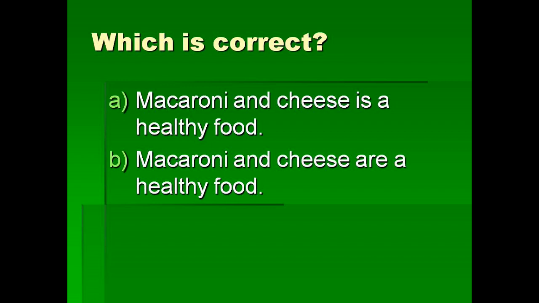There's a character there called Nora who eats macaroons against the instructions of her husband. So our example is macaroni and cheese is a healthy food. Macaroni and cheese are a healthy food. So which one of these is correct? Can you try?